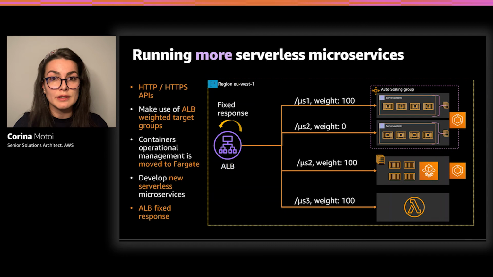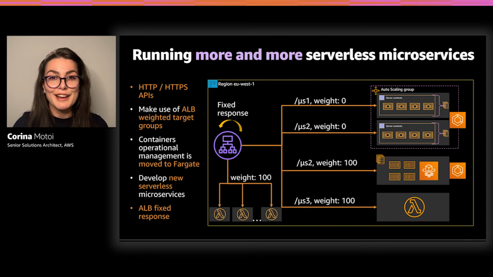So this is quite handy. And of course, deploy as many microservices as you want. Just don't forget that we have a limit of 100 target groups for the Application Load Balancer.